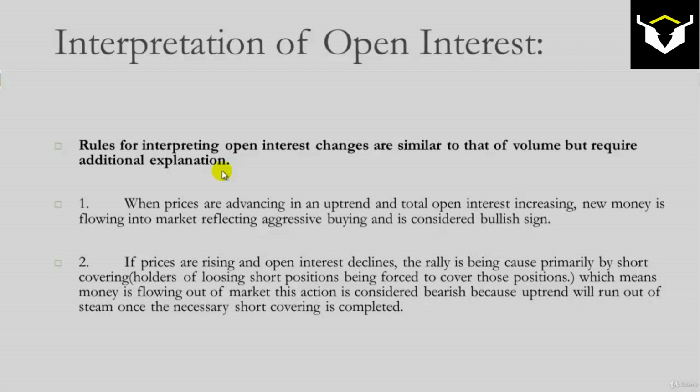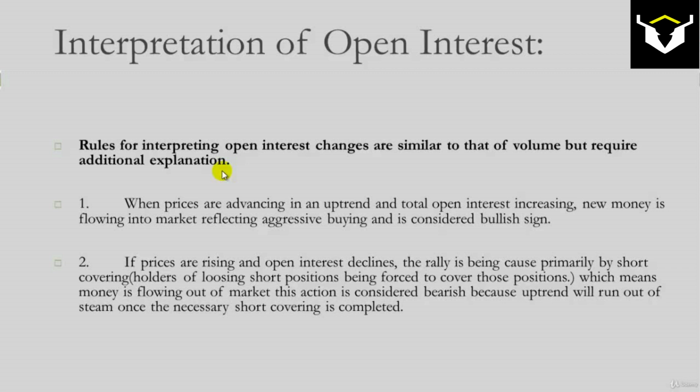In our second point, if prices made a new high but open interest decreased, let's say open interest was standing at 10 lakh when prices made a new high and open interest decreased to 8 lakh. So the 2 lakh decrease suggests that the short positions, people who had sold into the future contract, were stopped out at new highs.